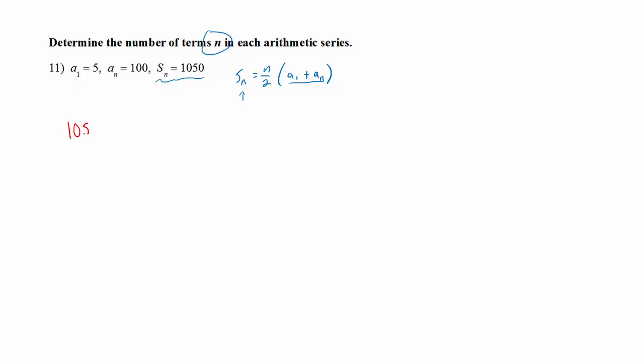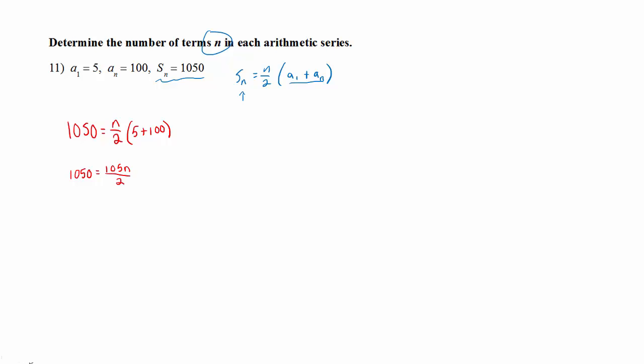So 1050 equals n over 2, and then 5 plus 100 is inside of our parentheses. Now, there's a couple different ways you could go about solving this. We can do what's inside of our parentheses right now and then put it in front, like 5 plus 100 is 105. So this is really 105n over 2.